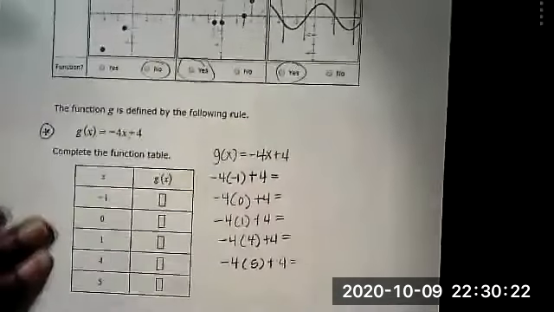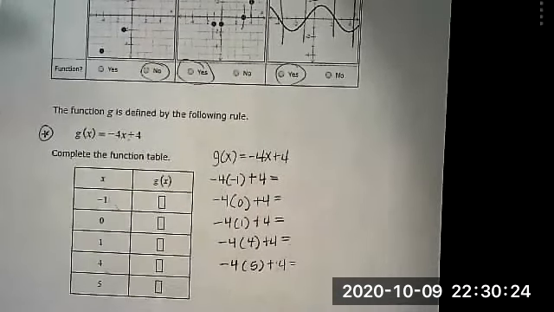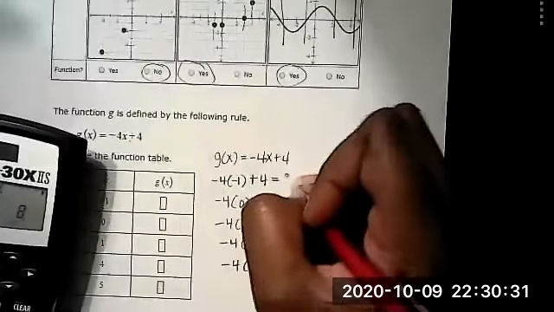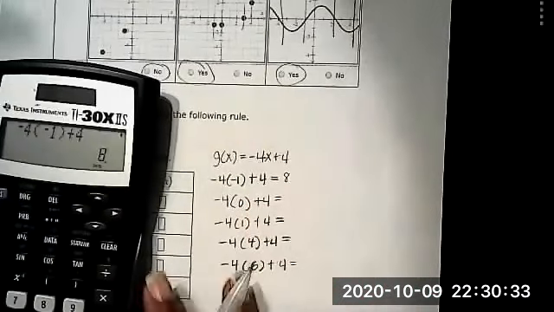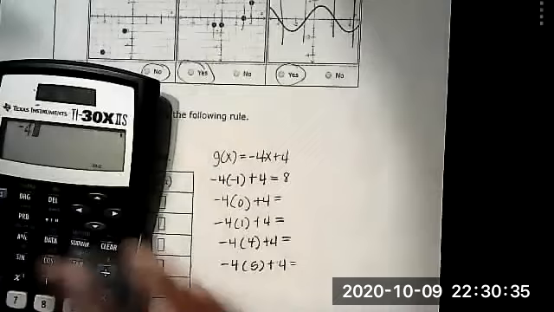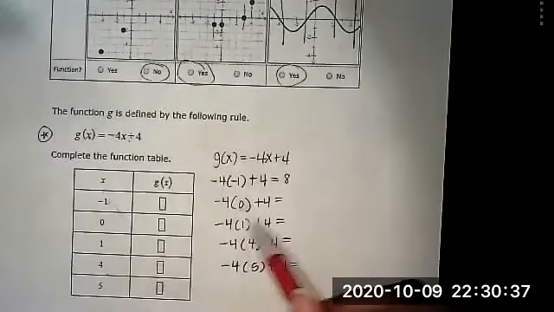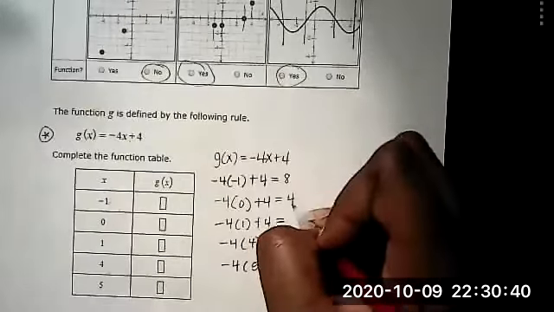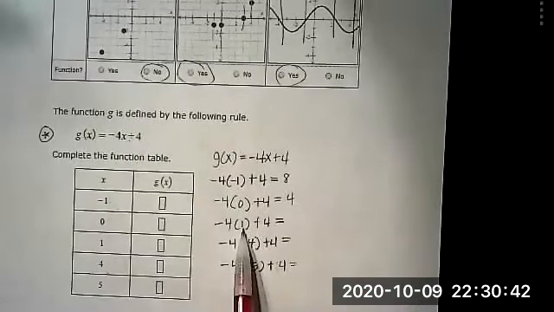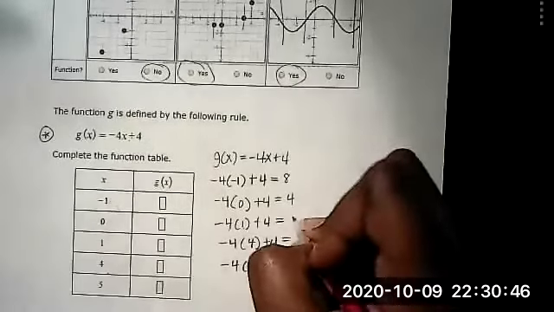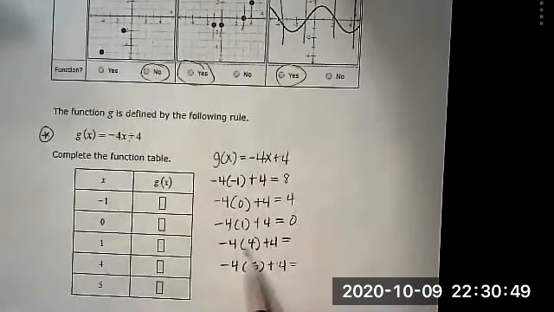And then once I get an answer, I'll just put it in my calculator. -4 times -1 plus 4, and I get 8. Then -4 times 0 plus 4: -4 times 0 is 0, plus 4 is 4. -4 times 1 is -4, plus 4 is 0. -4 times 4 is -16, plus 4 is -12.